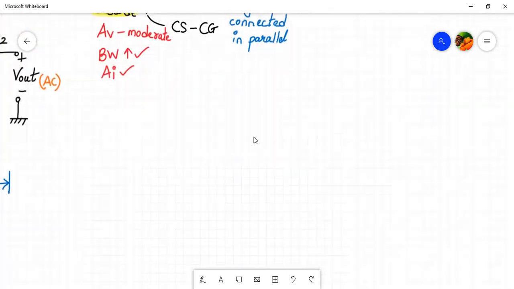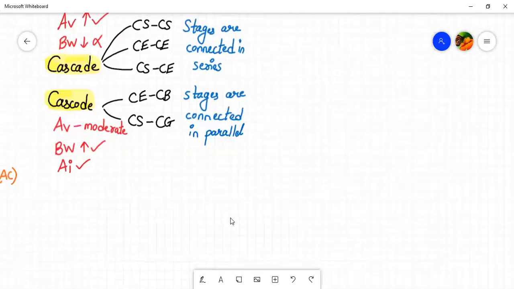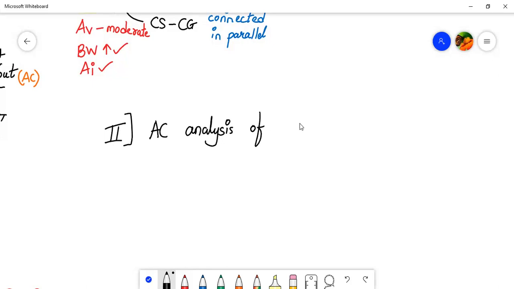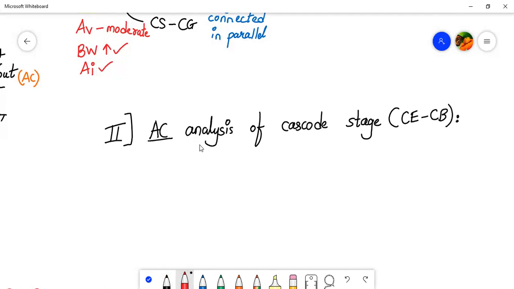We'll write AC analysis of cascode stage. And what is the cascode amplifier we are talking about? Common emitter, common base, right? So let us begin with the analysis now.